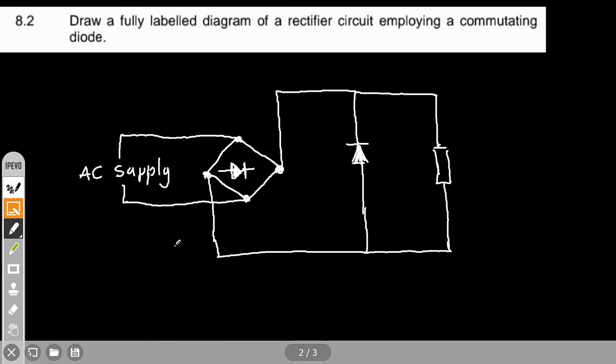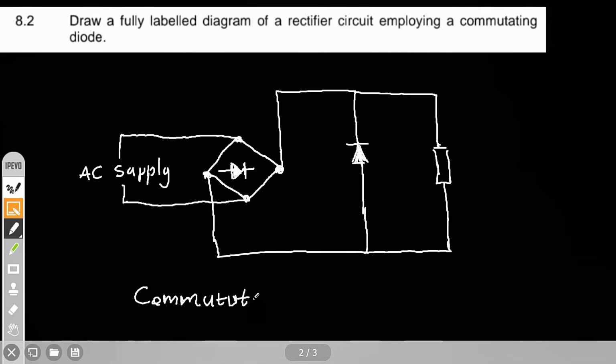I always advise writing the topic of the circuit. So this is your commutating diode circuit. Okay, let me just write the correct spelling there. And this is your R load. Yeah. So now let's just label the rest that we didn't. Okay, we already labeled that. So AC supply.